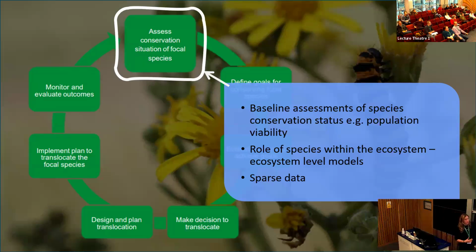When we're getting our baseline of what is the status of these species, we really could do with methods for small data. Big data has been a fashionable thing for quite a while now. Everyone likes big data. In conservation, we don't often have big data because we have a small amount of animals, and it can be collected, but it's time intensive. In conservation, we're often financially limited as well.